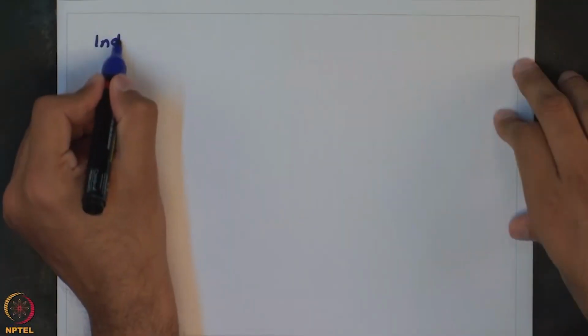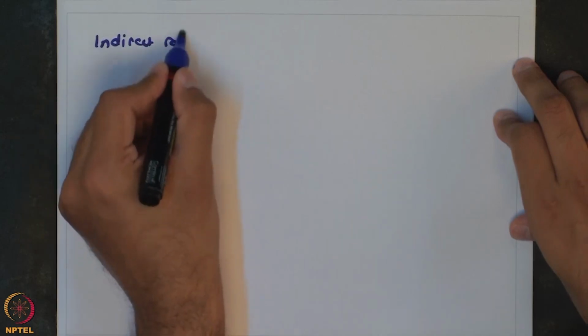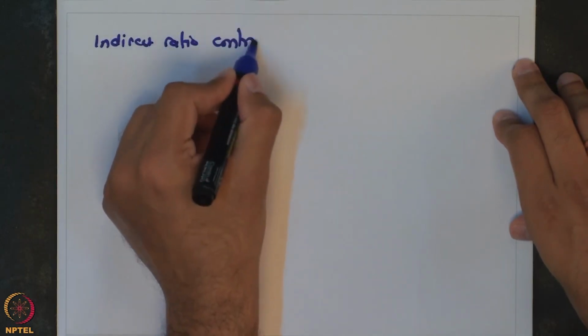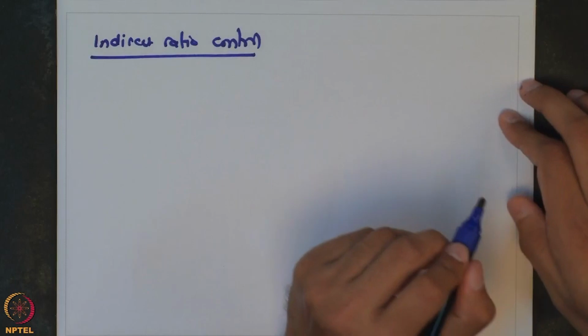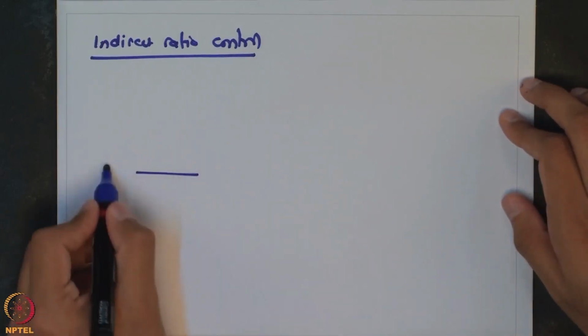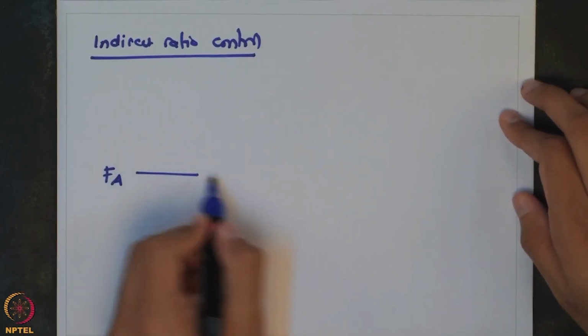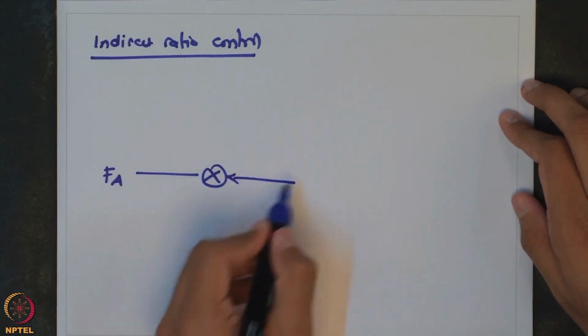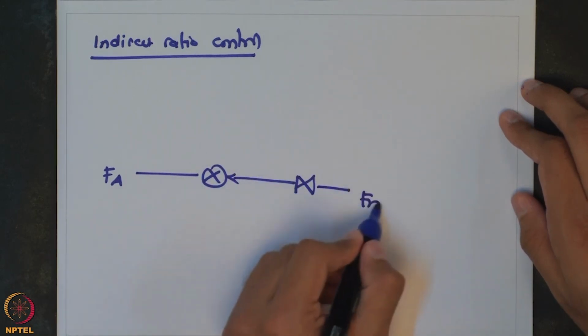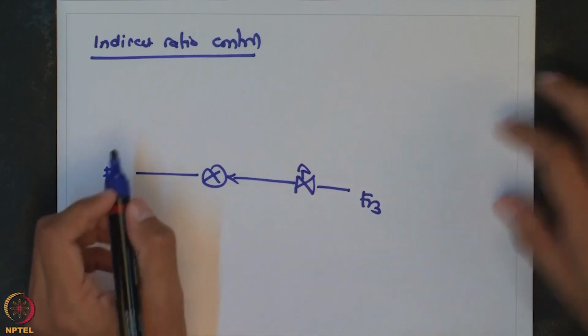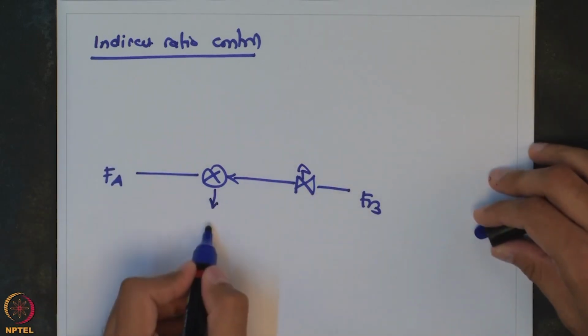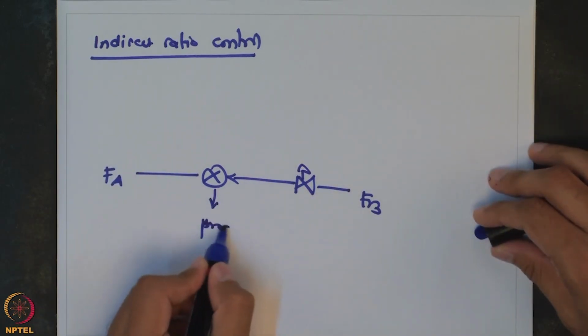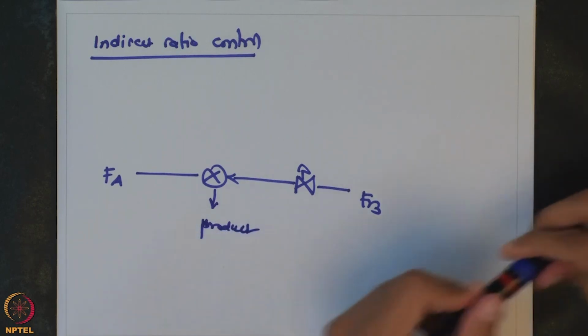That is done by using what is known as an indirect ratio control. Let us take the same example. We have FA as one of the streams and you are mixing it with another stream FB, in order to get the product or blend.